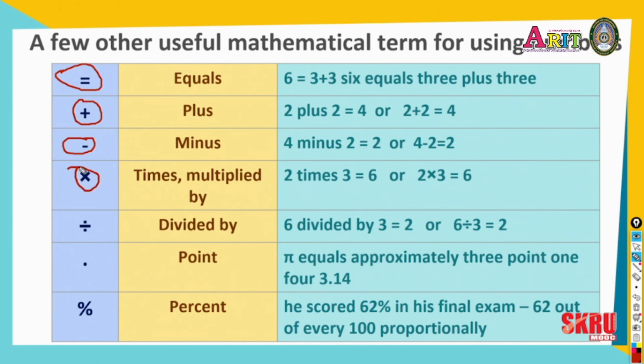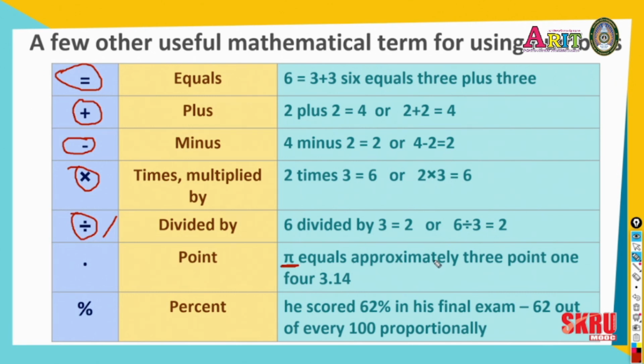The little x we use for times or multiplied by. 2 times 3 equals 6. This little symbol, the dash with a dot above and below, often represented now with a slash, means divided by. 6 divided by 3 equals 2. The dot before the numbers we saw already, a point. So for example, the mathematical concept of pi.